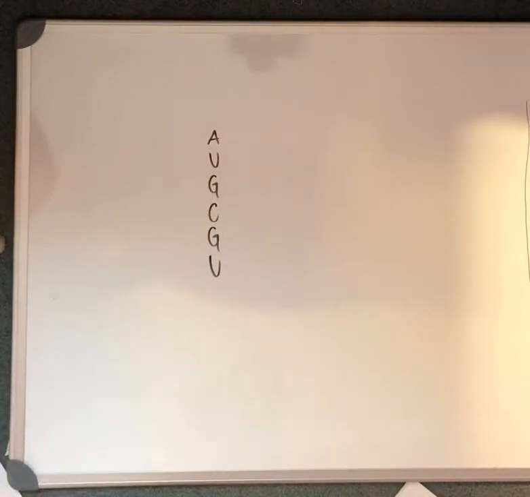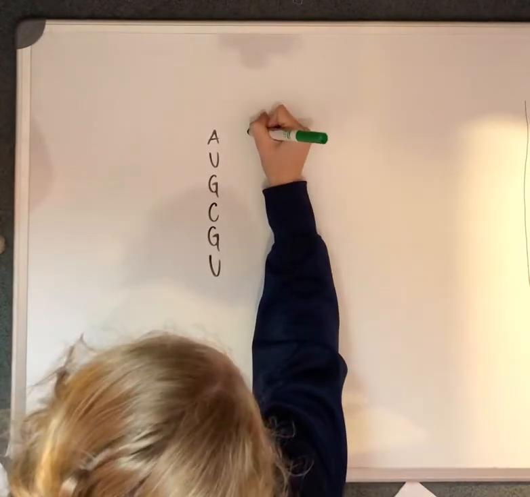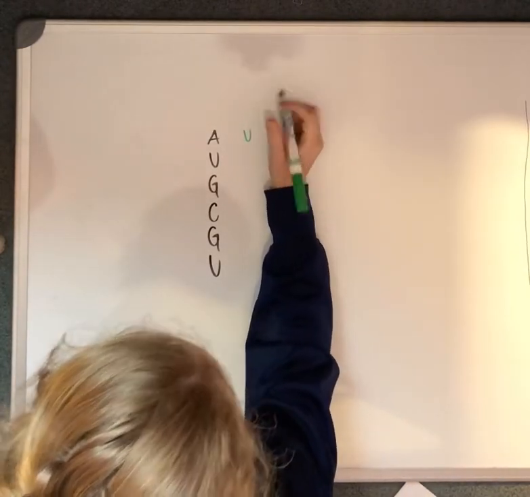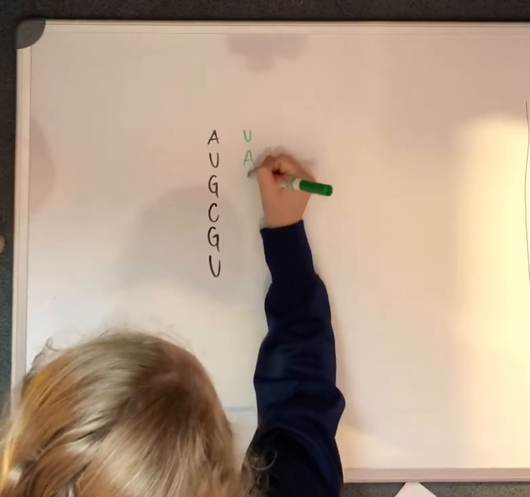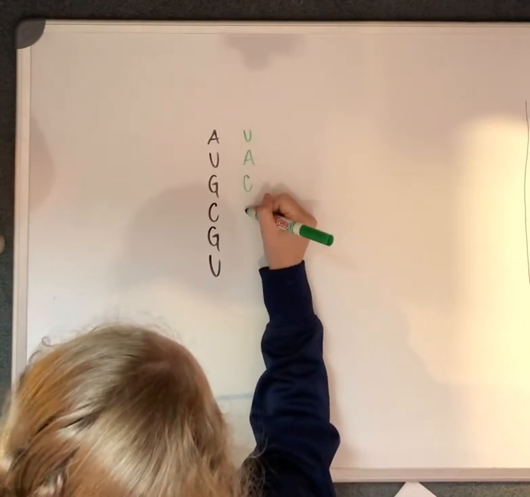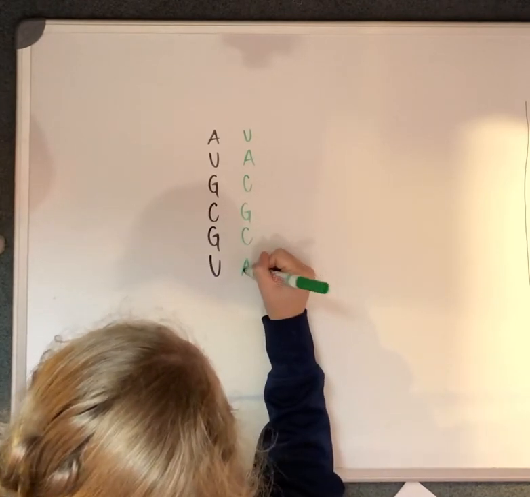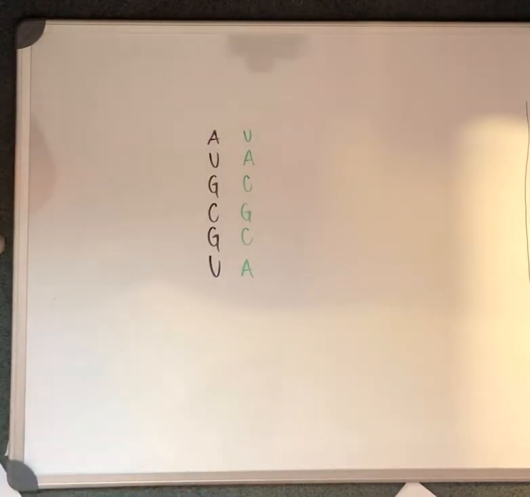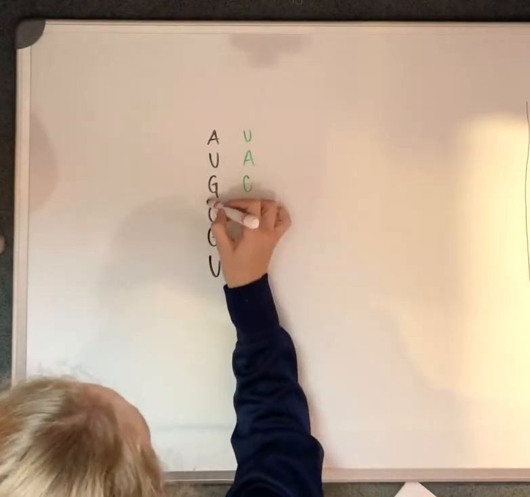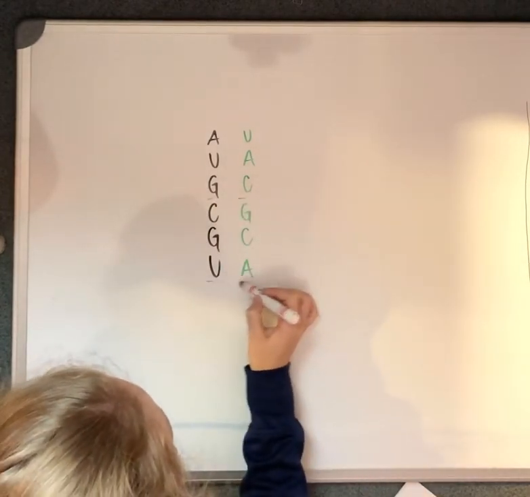Now this can connect to a tRNA, which I'm going to do in this green, and this tRNA can be made up of a UAC and a GCA, and that would be split up into these sets of codons and anticodons.